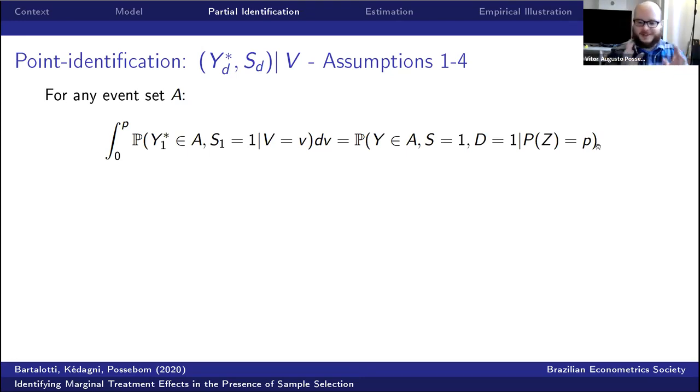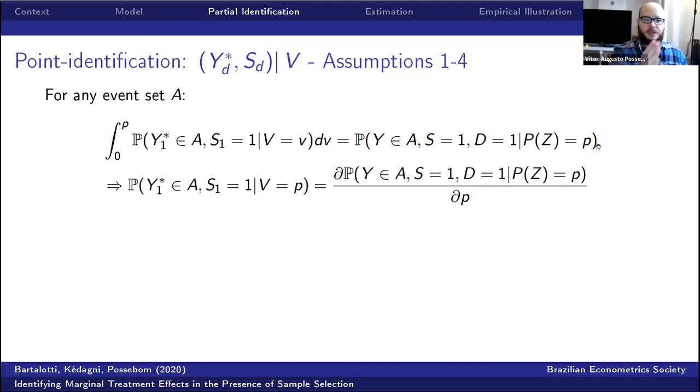I will not discuss it in detail, but basically, if we take derivatives, we have on the left-hand side exactly the object that we want to identify. And in the right-hand side, we have an object that is based entirely on observable variables. So here, I'm basically showing that it is possible to point identify this interesting distribution.